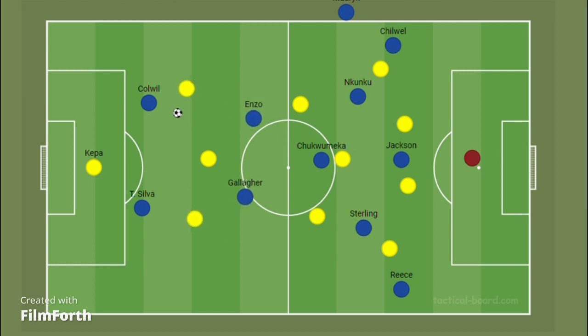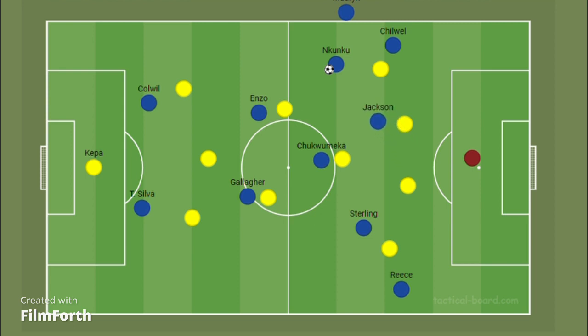Therefore the Dortmund forward line were tasked to be pressing Colwill and Thiago Silva to prevent them from making those passes. And this left Nkunku and Sterling drifting in wide areas to receive the ball, and therefore Jackson was leaving his number 9 position to link up with Christopher Nkunku, where they would form a trio overload against the opposition fullback and maneuver the ball in space where they would like to attack.